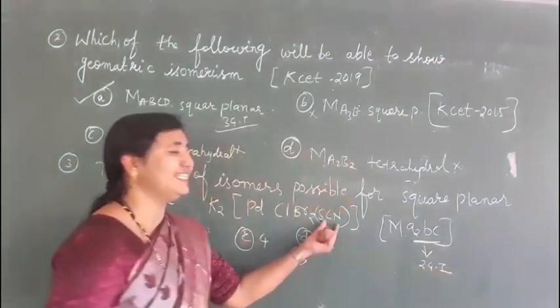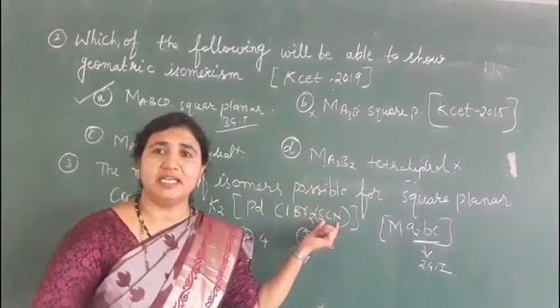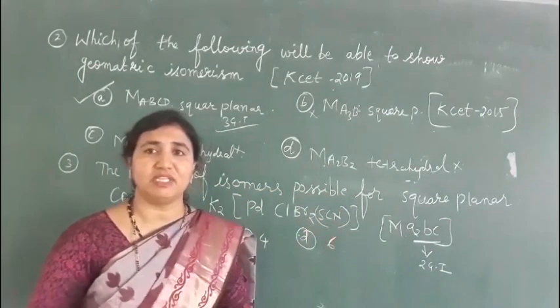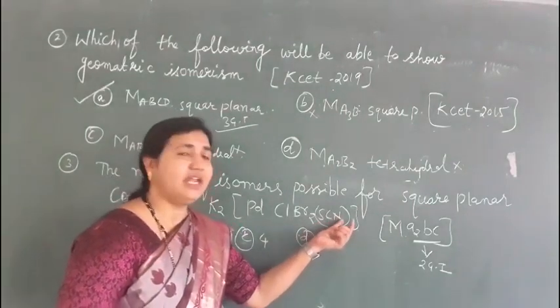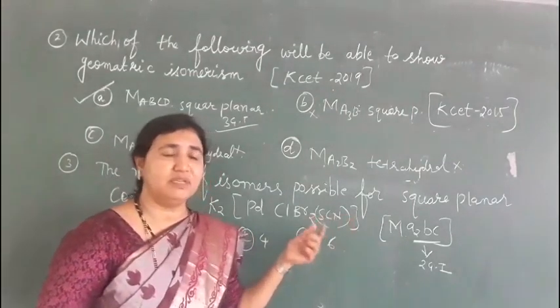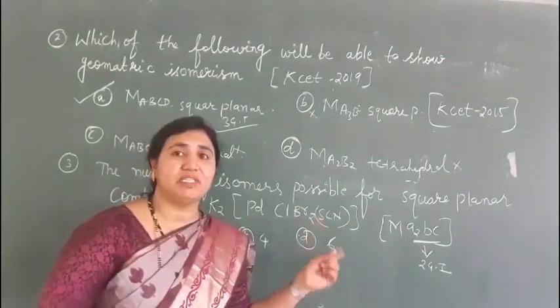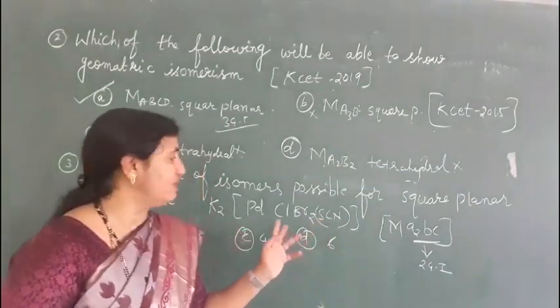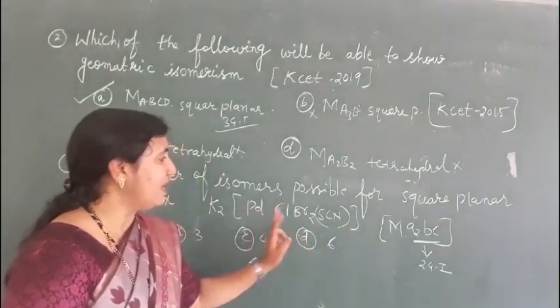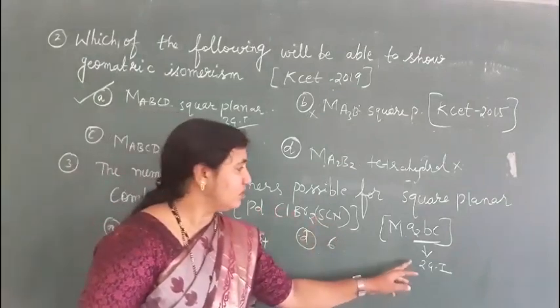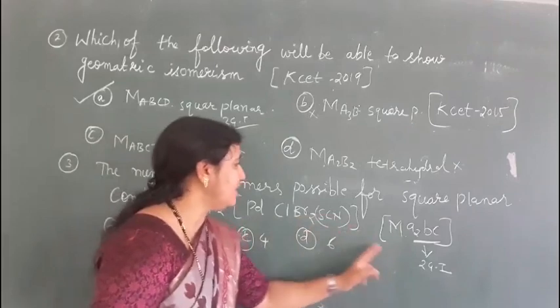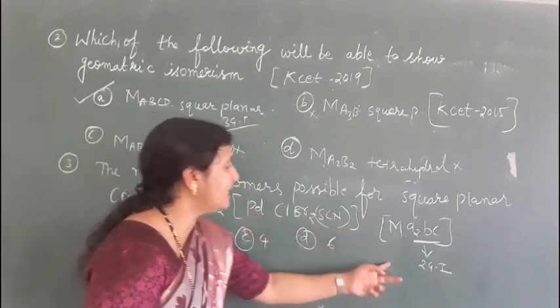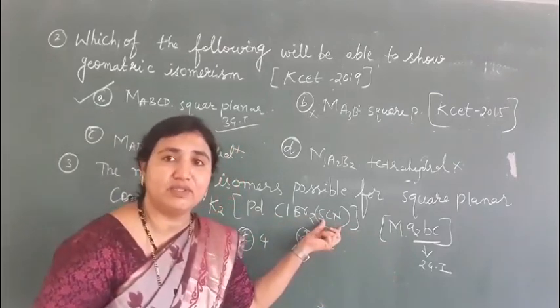But here we have SCN, an ambidentate ligand. Linkage isomerism may be possible: S can donate an electron and N can also donate an electron to the metal atom. So there is one linkage isomer. Total isomers will be 3: 2 geometrical isomers and one linkage isomer.